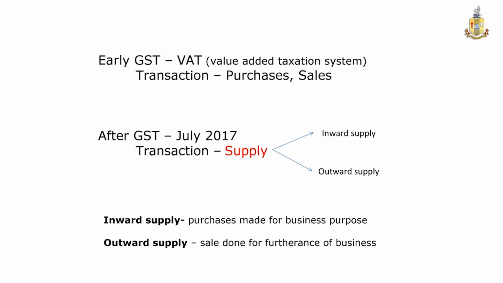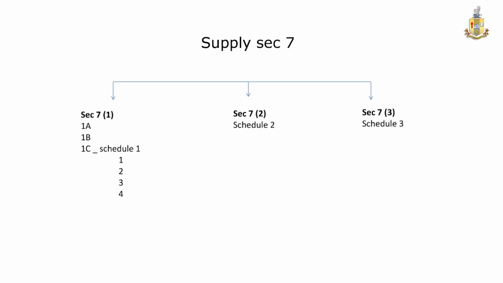After GST came into existence in July 2017, transactions have been named as supply. It is also subdivided into inward supply and outward supply. Inward supply is the purchases made for business purpose, and outward supply is sales done for furtherance of business.